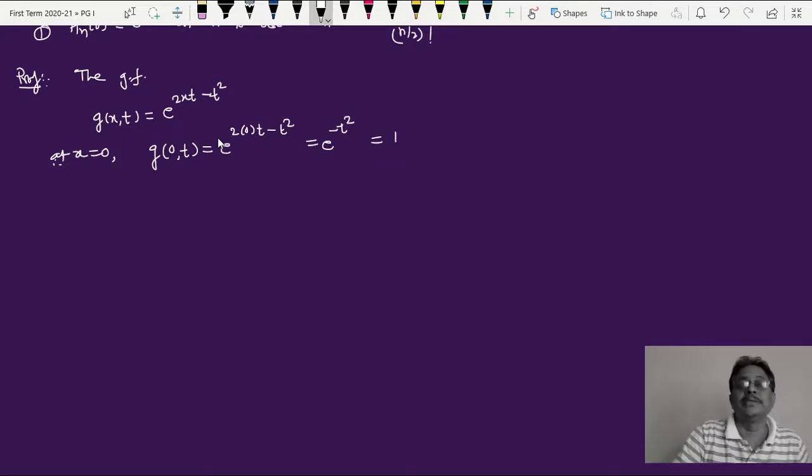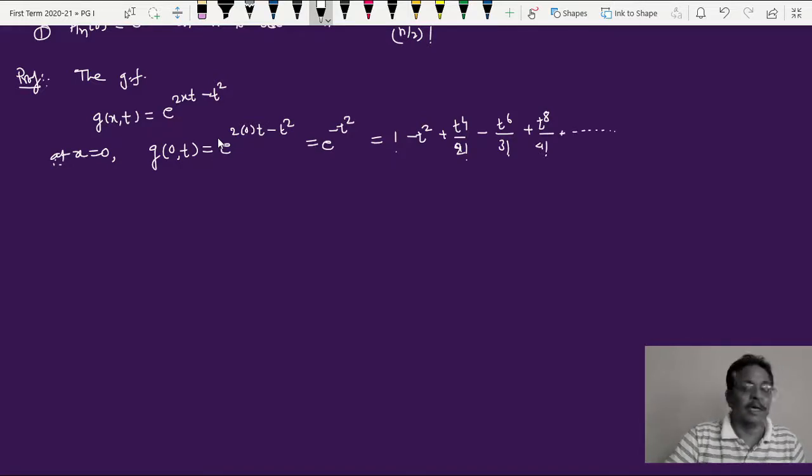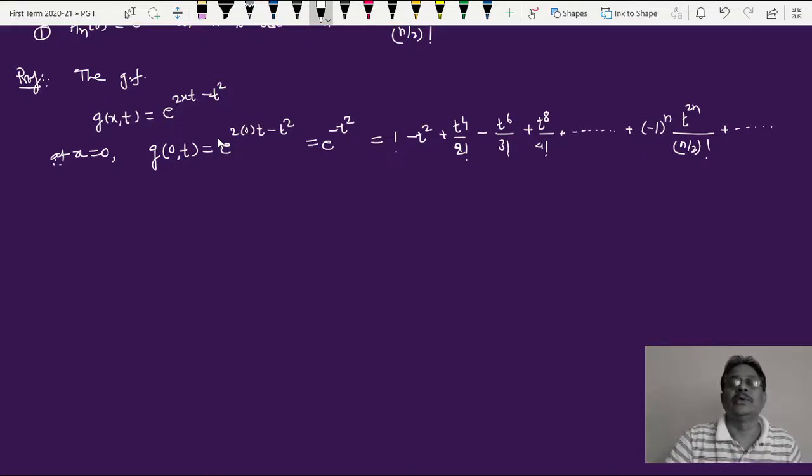So it becomes 1 minus t square plus t raised to 4th upon 2 factorial, minus t raised to 6 upon 3 factorial, plus t raised to 8th upon 4 factorial, and likewise plus and minus. The nth term will be minus 1 raised to n into t raised to twice n, upon n divided by 2 factorial, plus higher order terms.